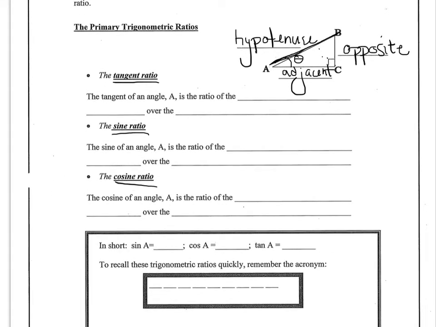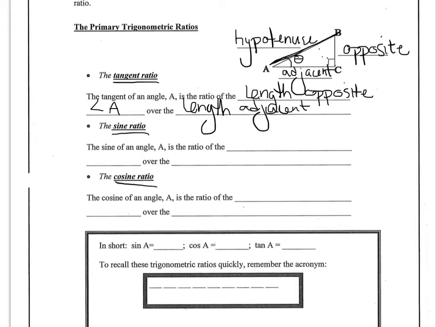So the tangent of an angle A, which we have on our diagram already, is the ratio of the length opposite of angle A over the length adjacent to angle A. Okay?